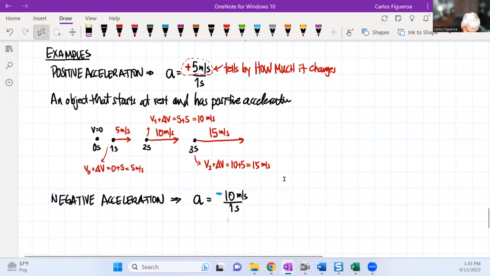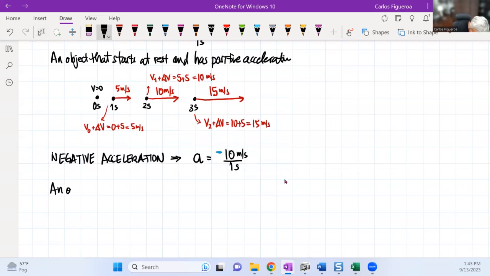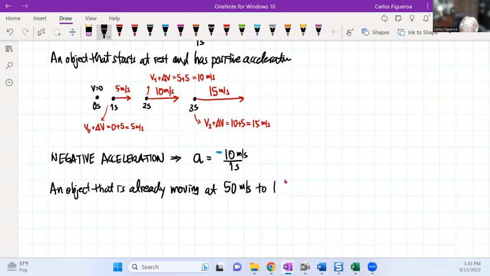So again, let's assume that I have an object that is already moving, and we pick some value, let's say moving at 50 meters per second to the right.